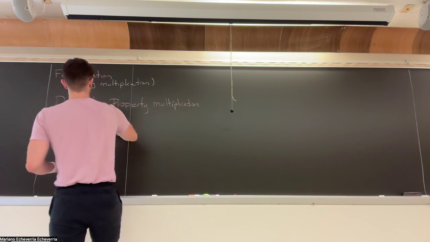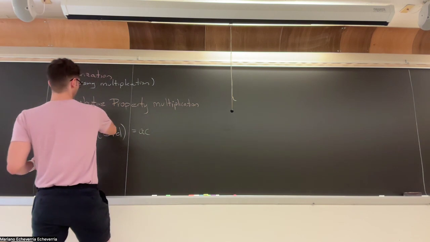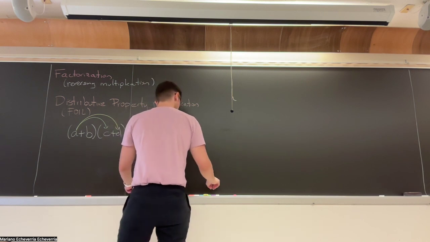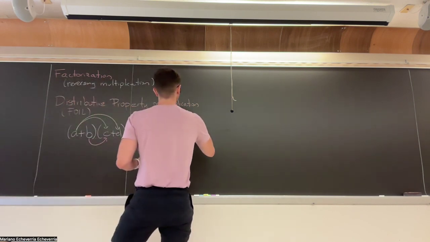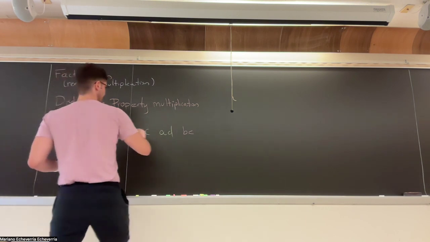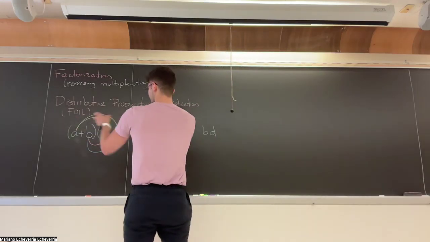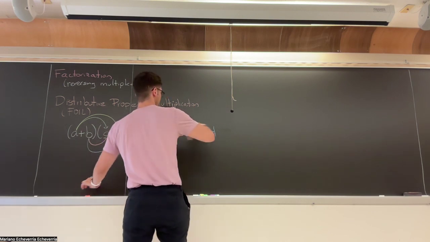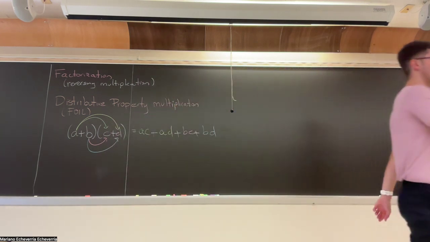You can do A times C, A times D, B times C, and B times D. Those are the 4 products between the individual terms. And because all of this was with addition, you end up adding all of these quantities.